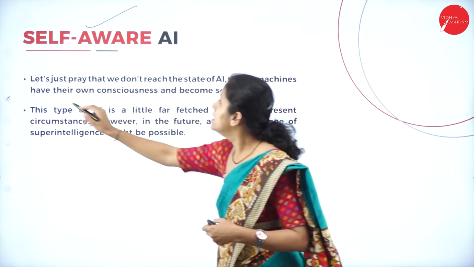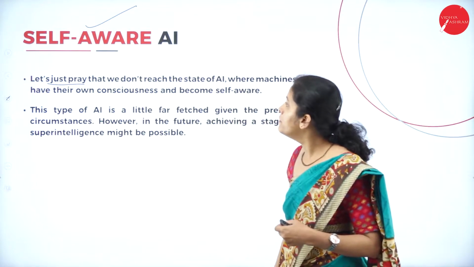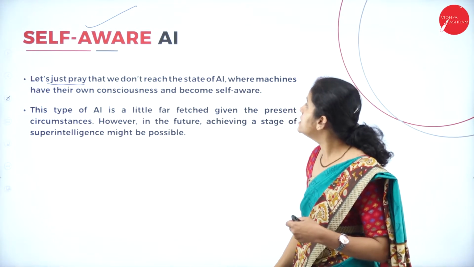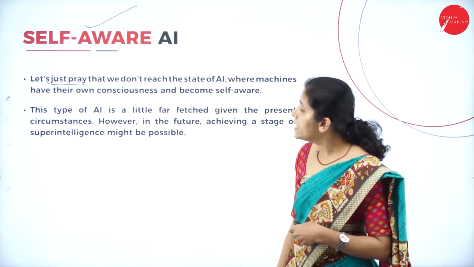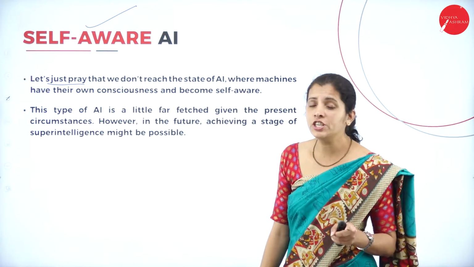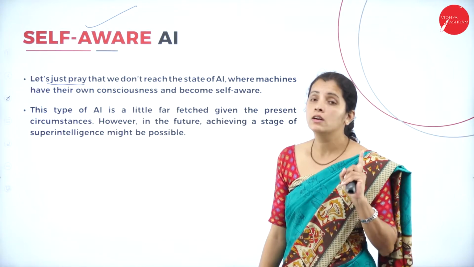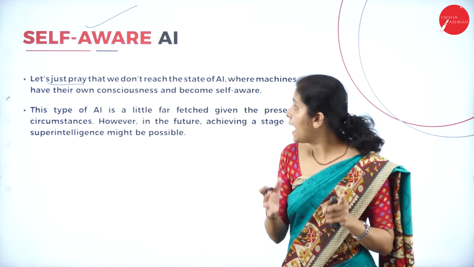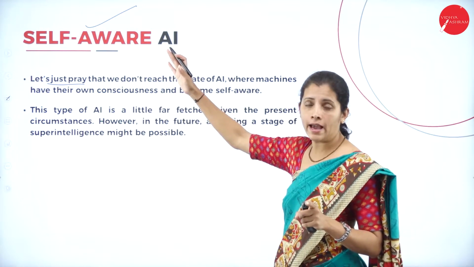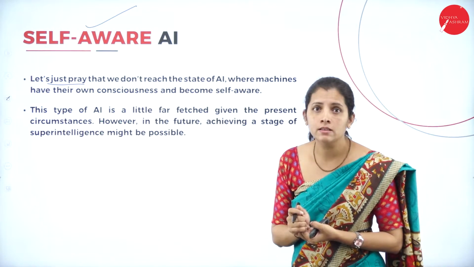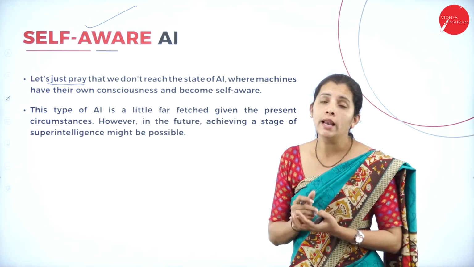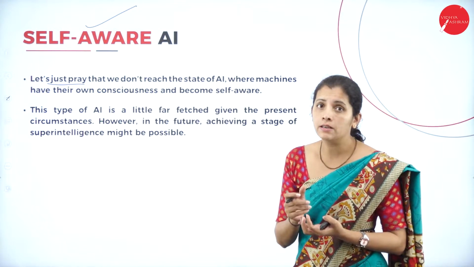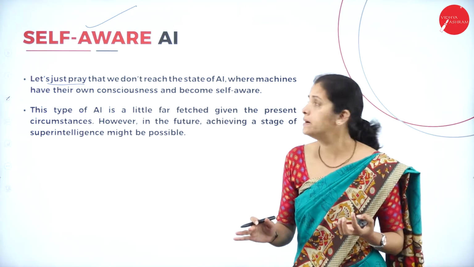Now, let's just pray that we don't reach that state of AI, because if all the machines or software or devices become self-aware, then what's going to happen? They are going to rule the entire world, and it's not going to happen.